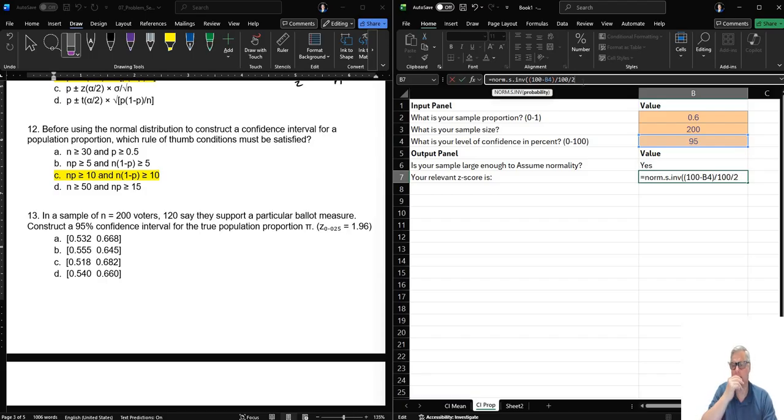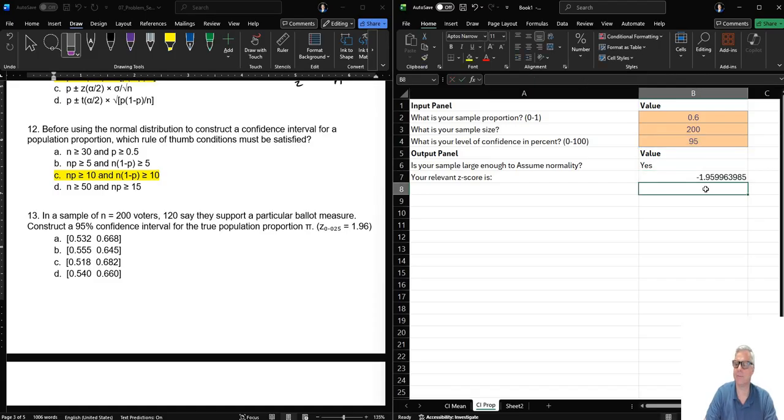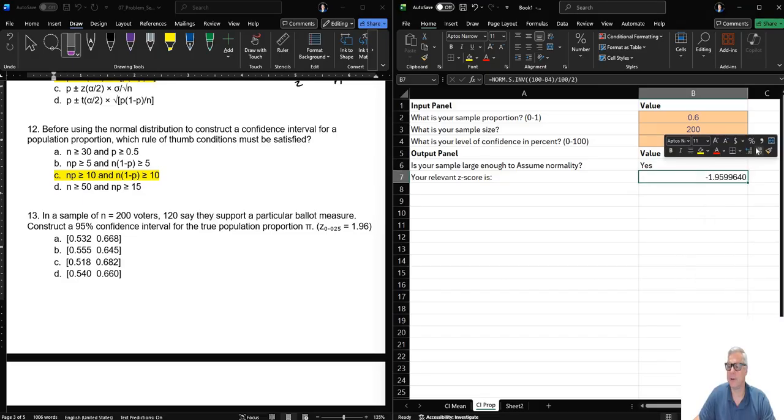Okay, and that's it. So now we get negative 1.96, and here in the question, in case you don't have Excel readily available, we use 1.96, but that's also confirmed here.